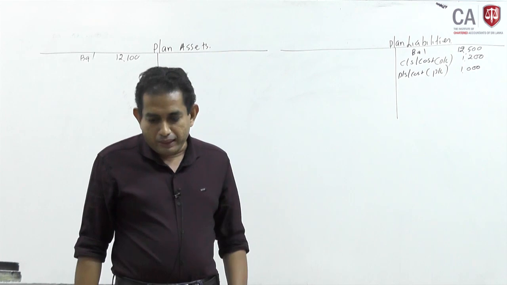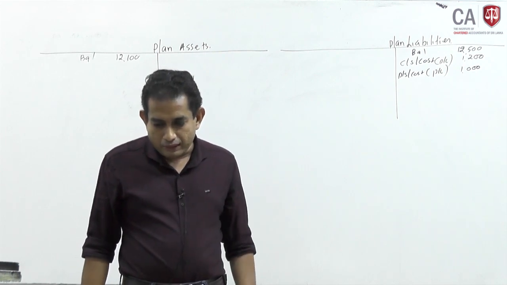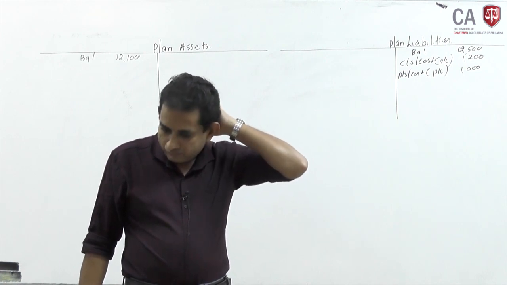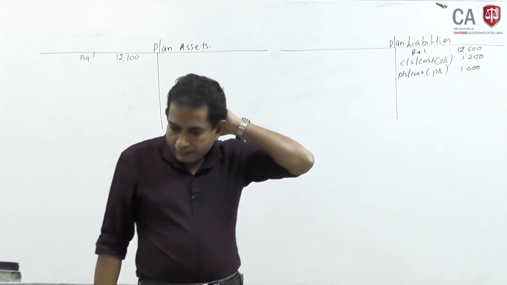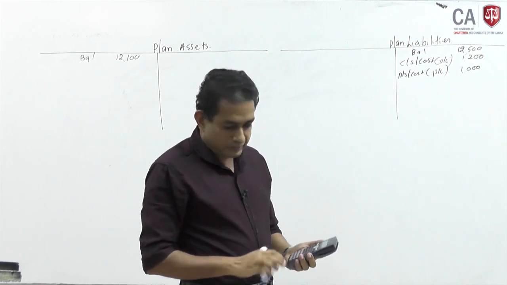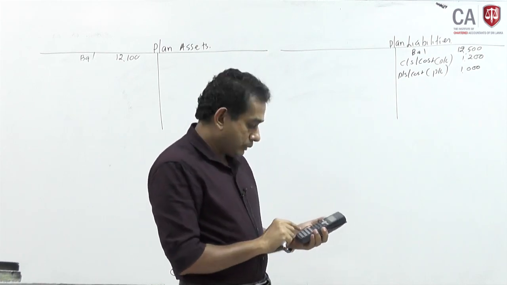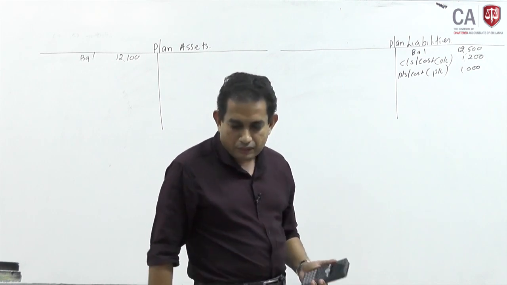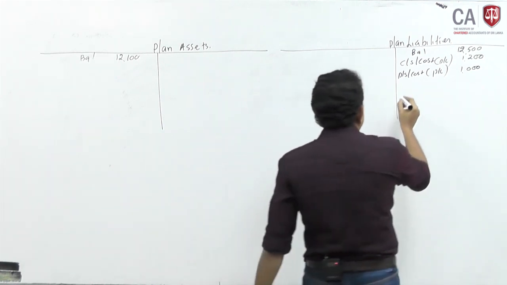Expected return on plan assets is 8%, whereas the discount rate used for the pension liability is 11%. So, let me recognize interest cost at 11% on the opening balance, 12,500 into 11% is 1,375 interest.